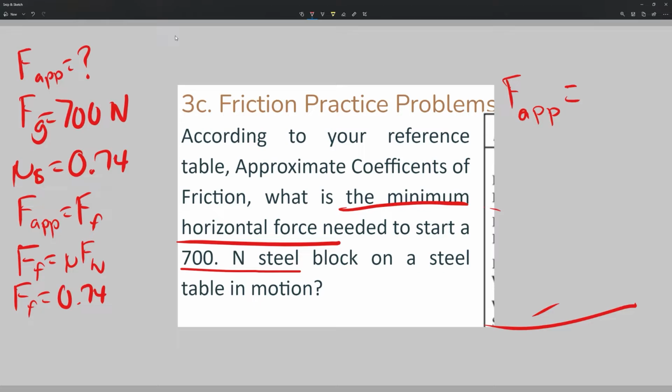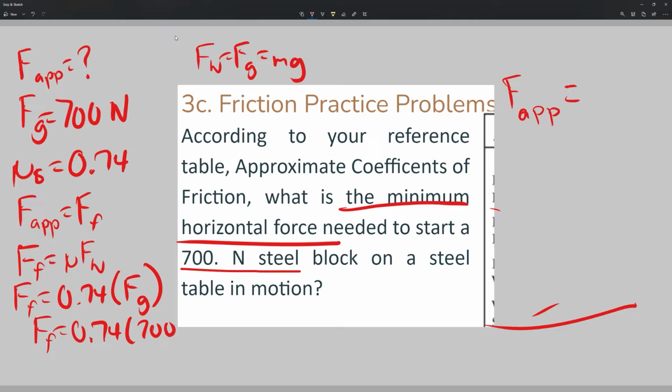We also know, and I'm not going to prove it again, that Fn is equal to Fg is equal to mg. And this is just something you have to remember. So your normal force is equal to your force due to gravity. So 0.74 times force due to gravity, that's 700. And then you get 518 newtons. And that's what you should get. You should get a force due to friction of 518 newtons.